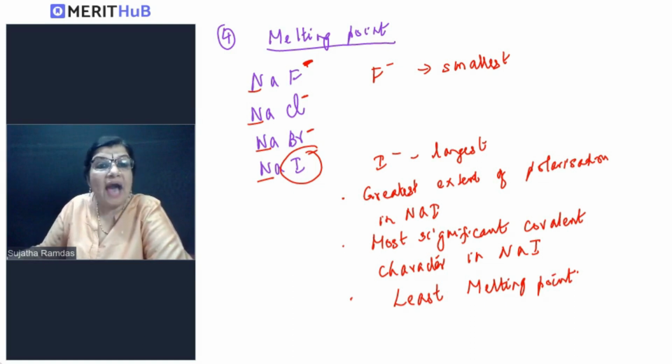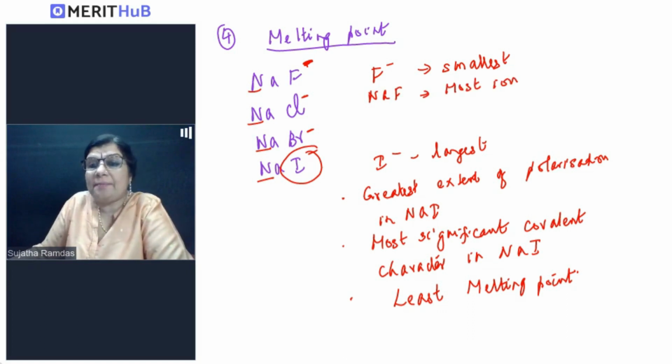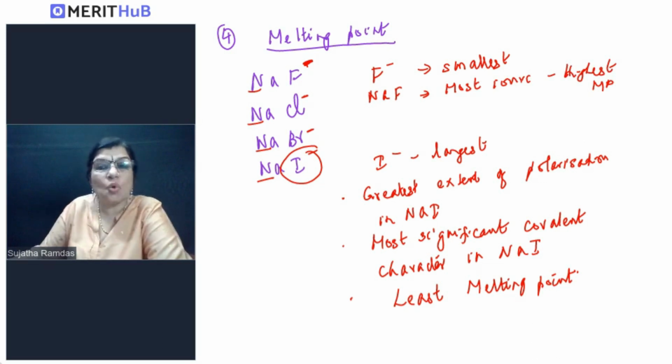Melting point is high for ionic compounds, and fluoride ion being the smallest will be the most ionic. Sodium fluoride will be the most ionic, and being most ionic, it will have the highest melting point. So the least one would be sodium iodide, and the highest melting point will be for sodium fluoride.